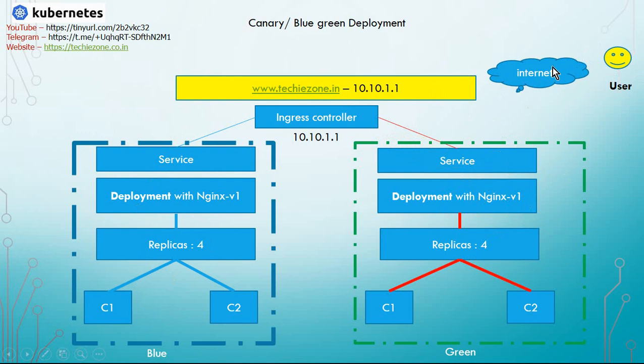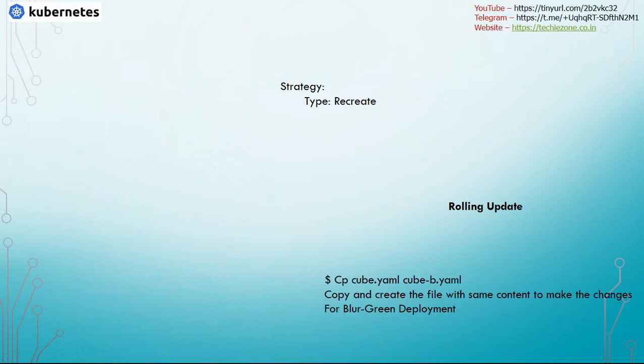Then the user will access the green deployment through the internet via the ingress controller, and that green deployment will be live, and the other will be the DR. Again, if you want to go with version 3, then you need to apply version 3 here, test it, and after that make the changes in the ingress controller, and the ingress controller will route the traffic to the blue one, and this will be functional as the latest update with version 3. That is the concept of canary or blue green deployment.